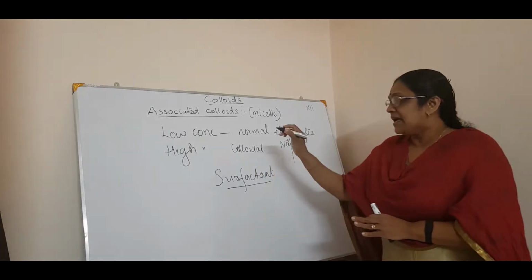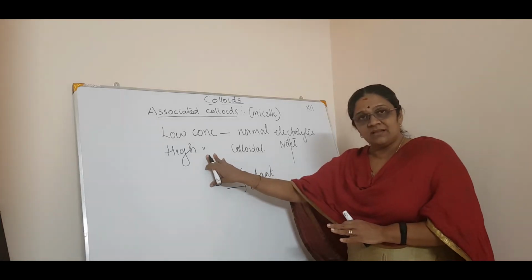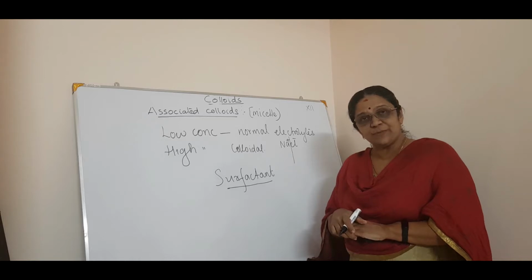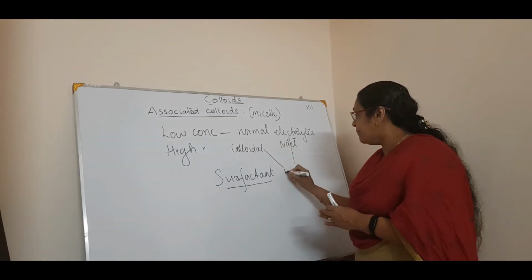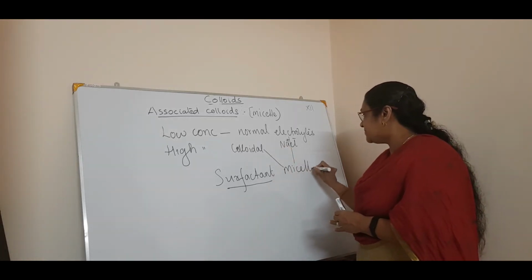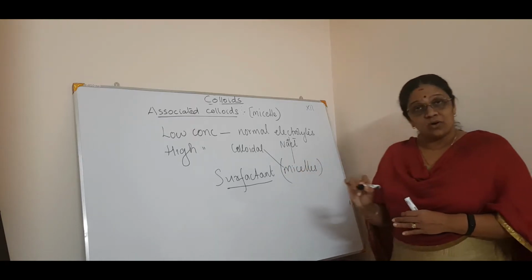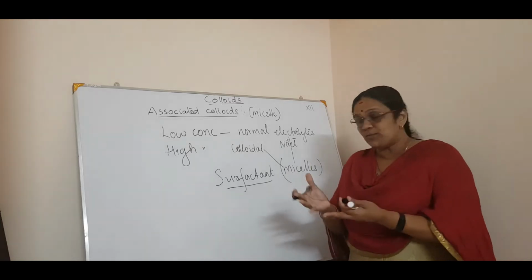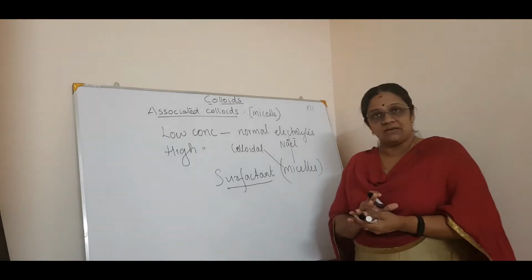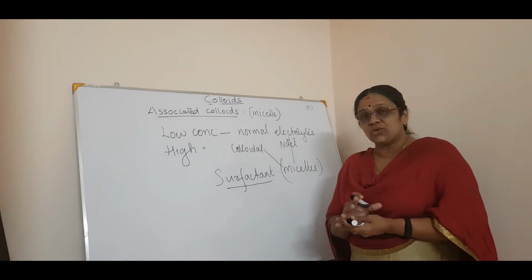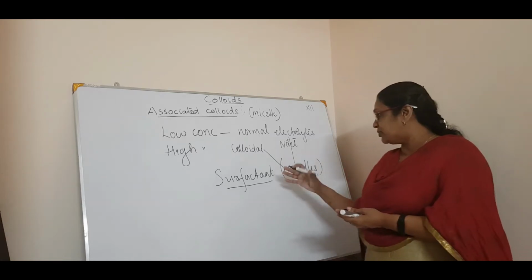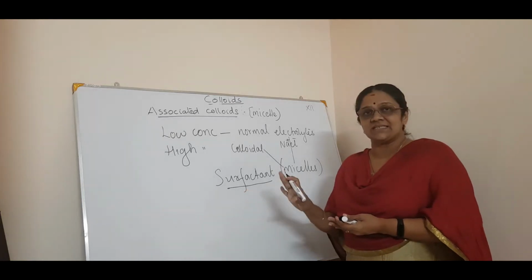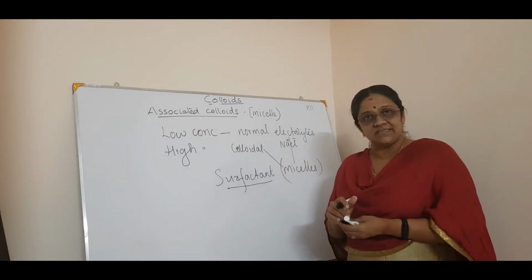That means at higher concentration, the substances show colloidal behavior, which means they form micelles. They form colloids by aggregation of molecules, which forms the micelle, isn't it? You know what a micelle is; we will come to that. So the examples for this are surface active agents like soap and synthetic detergents.